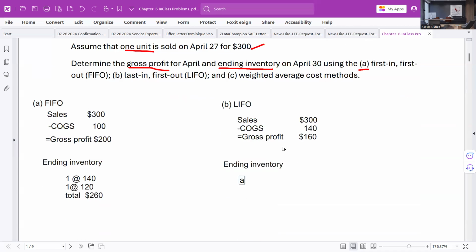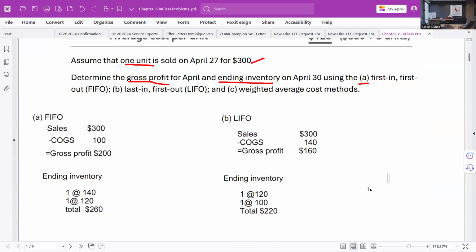So we have one at 120 and one at 100, which gives us a total of 220. The ending inventory under LIFO is 220.